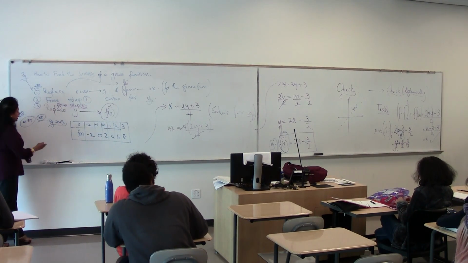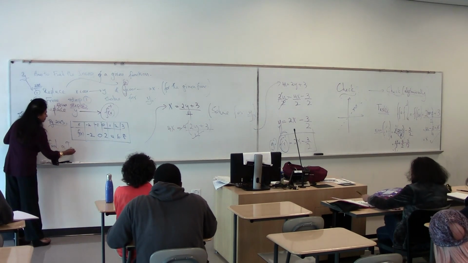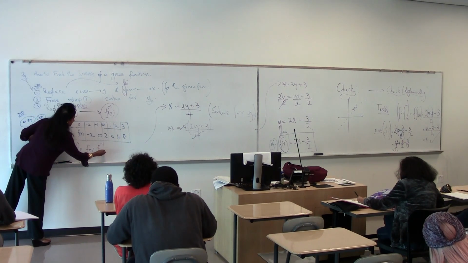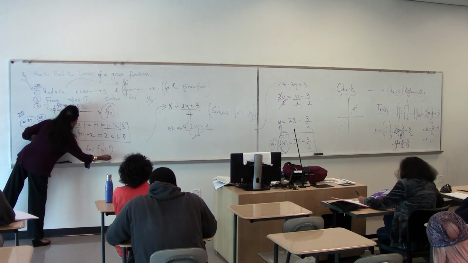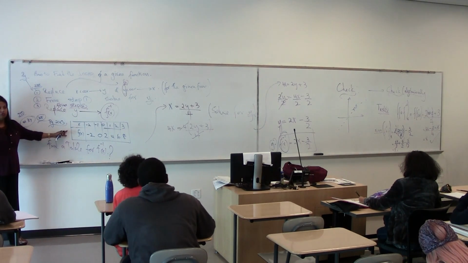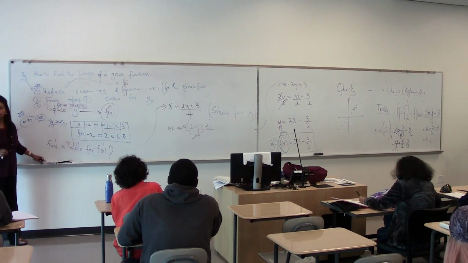Now this problem says find a table for f inverse of x. So you know exactly what f inverse of x means. This is the graph of the function. We can plot these points and create the graph. Finding f inverse of x means what?